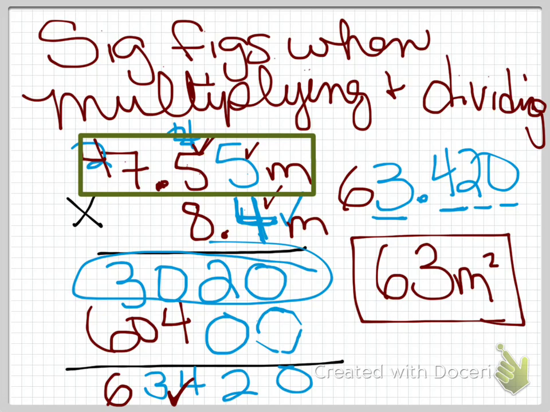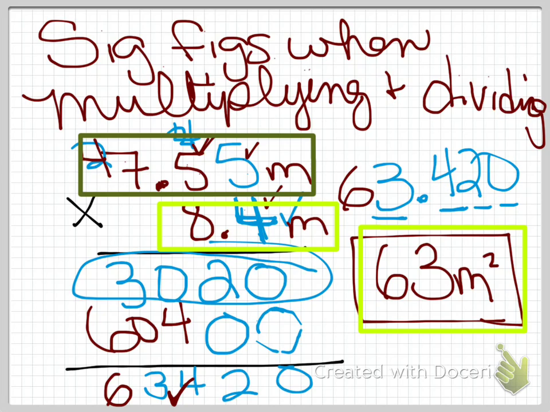This 8.4 here had 2 sigs total. So I needed to round my answer. Obviously 2 is less than 3. So I rounded my answer so that it had 2 sigs.